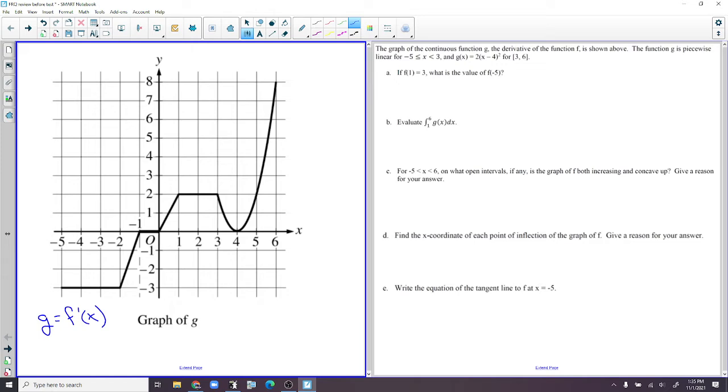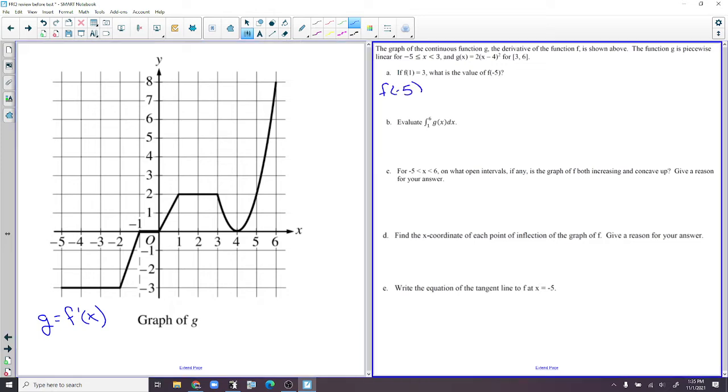So f of -5 is equal to, well, let's think about this. If we're given the derivative and we want to go back to the function, we're talking about antiderivative, right? We're talking about integral. Integral is area under the curve, right? Remember, it's area. So really, we're trying to integrate.